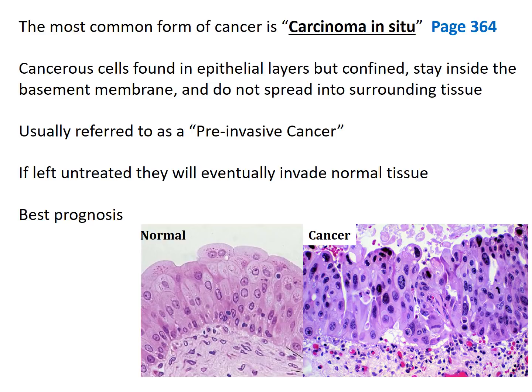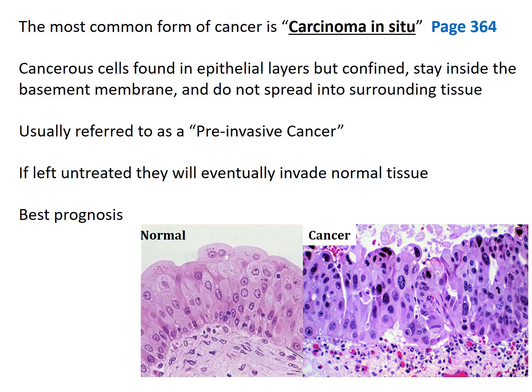All right, here's another term, carcinoma in situ. So remember, carcinoma refers to an epithelial cell cancer, right? In situ means that the malignant cells are confined in the epithelial layer.